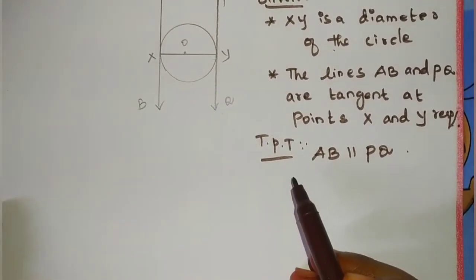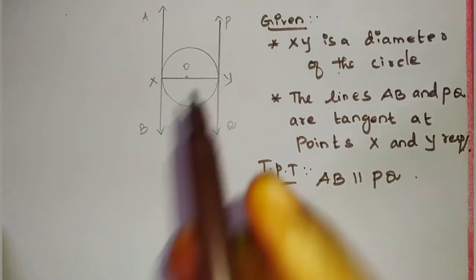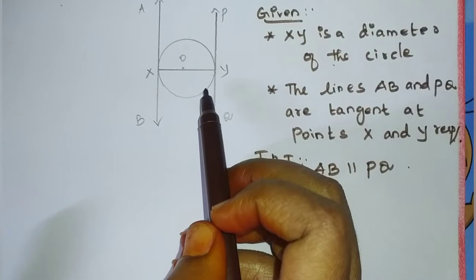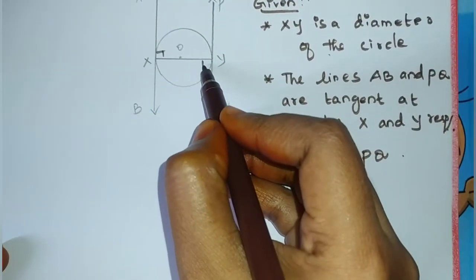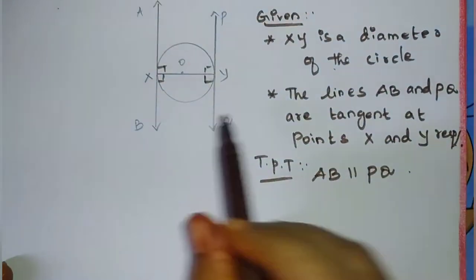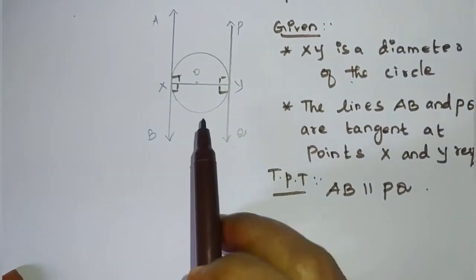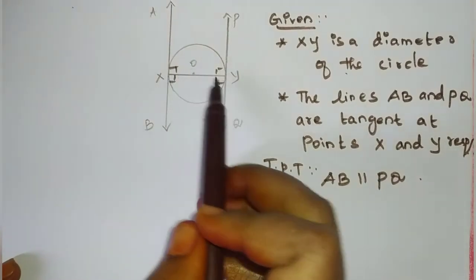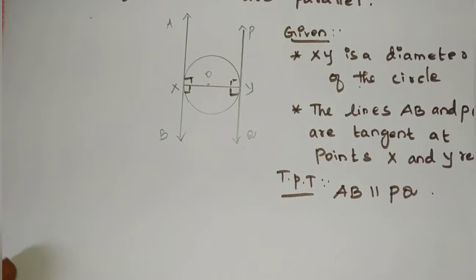So in this, I am going to tell that alternate interior angles are equal. This angle is equal to this angle and this angle will be equal to this angle. If these angles are equal, I can tell that the two lines are parallel. If alternate interior angles are equal, we can tell AB and PQ are parallel.